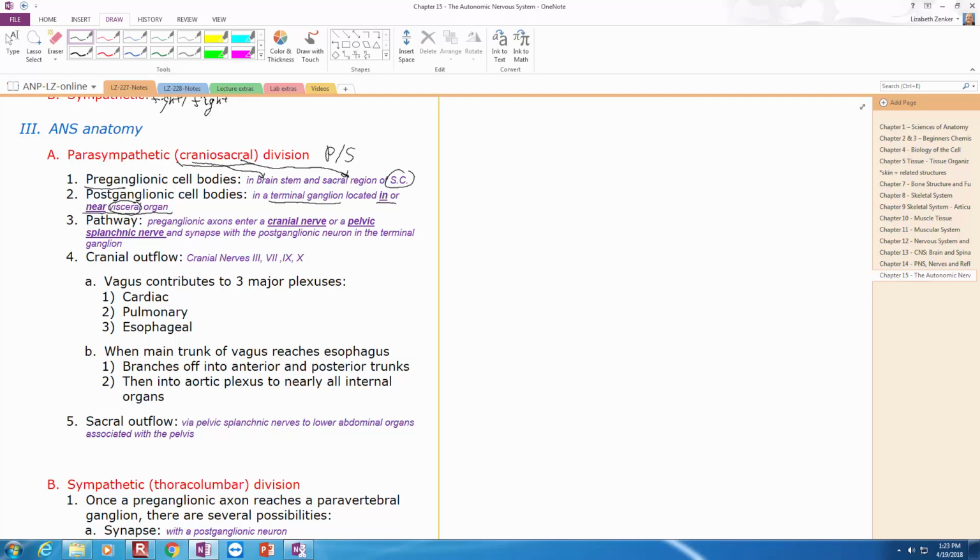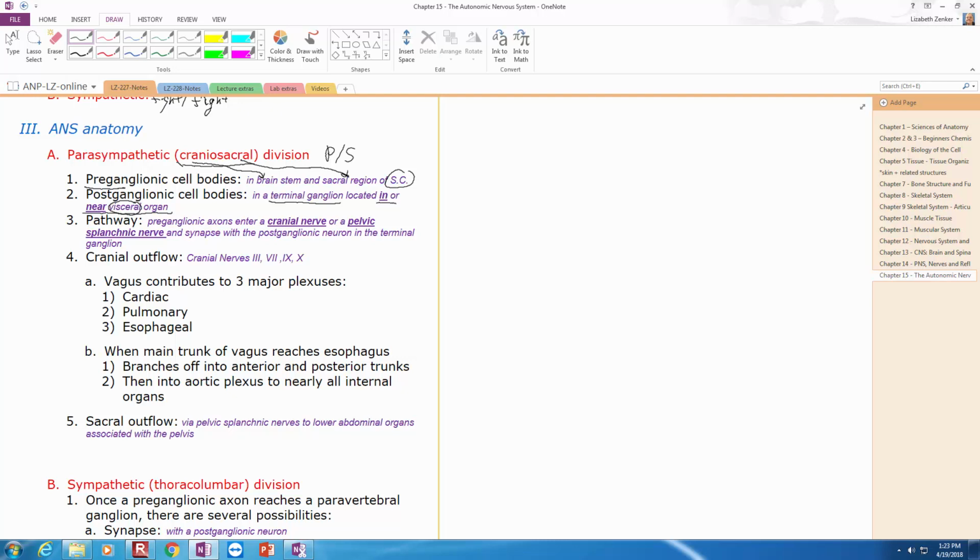So you have preganglionic in the brainstem and the sacral region of the spinal cord, and it has to go out, and it doesn't synapse until it makes it to the postganglionic. That's who it's synapsing with, right? The postganglionic cell body is in the terminal ganglion located in or near the organ.